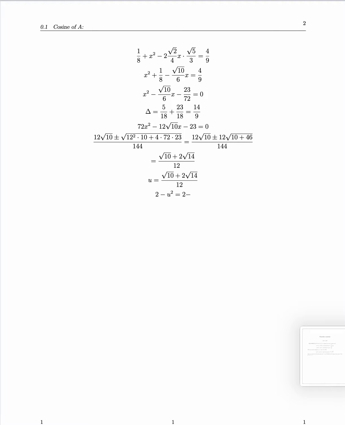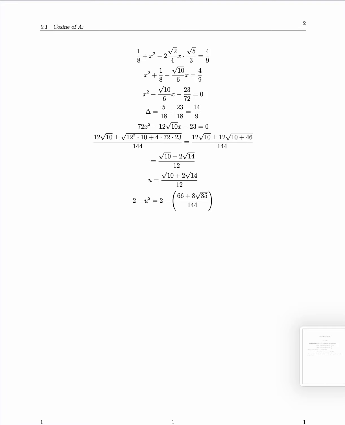Which can be simplified into, which can be written as 2 minus, over 72, which can be still simplified, right?